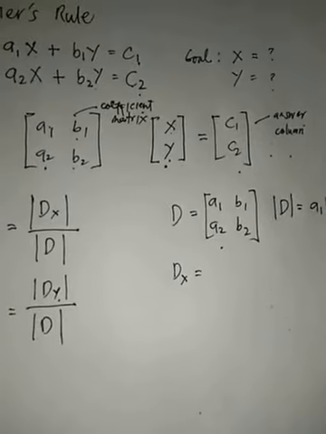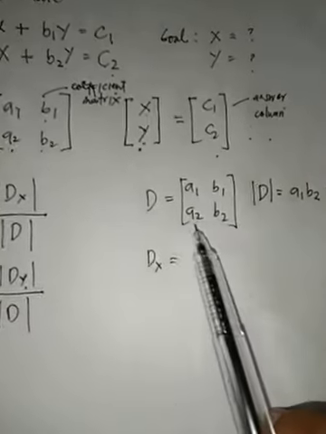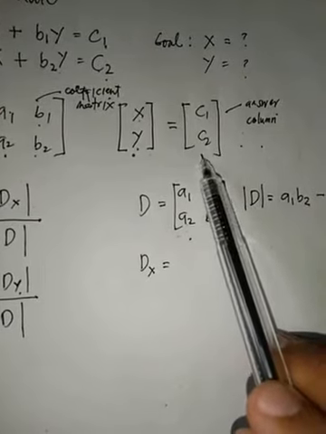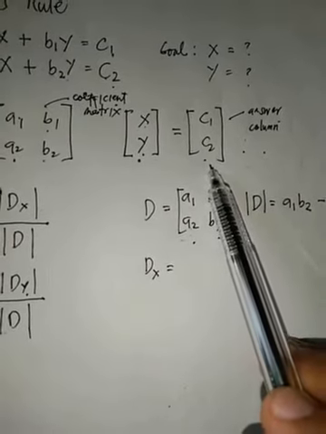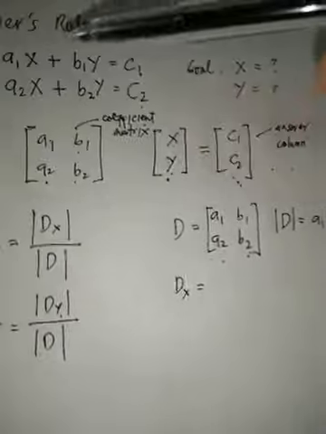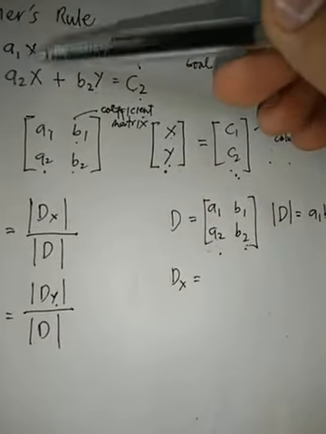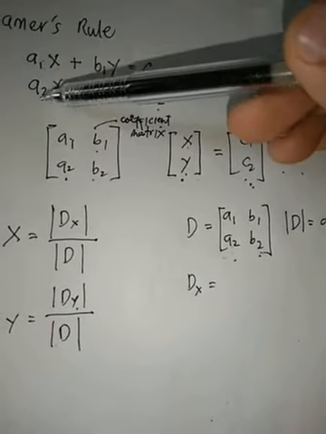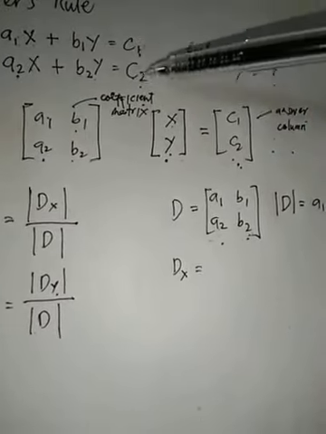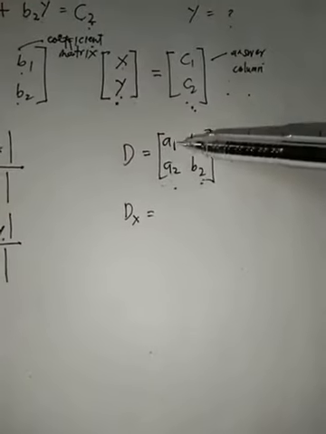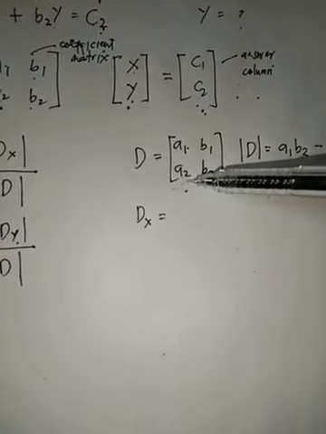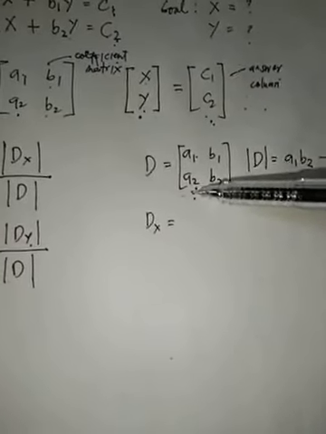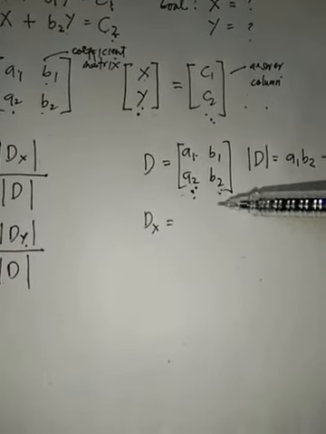Ganito. Since meron tayong D matrix at meron tayong answer column na C1 at saka C2, ang x, ang kanyang coefficients are A1 at saka A2. Ang A1 at saka A2, palitan natin ng C1 at saka C2. Tapos, itong B1 at saka B2 remains the same.